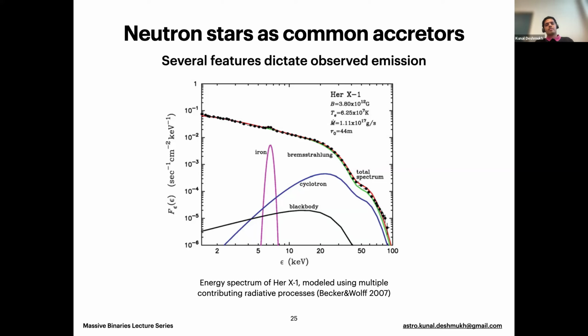We have the Bremsstrahlung radiation acting, I think the dominant one here. Then you have the black body component, and cyclotron. Cyclotron can be a very useful diagnostic, because you need a magnetic field for it. If it's not there, that is consistent with a black hole. I'm not saying that proves it is a black hole, but if you see it, then it's most likely a neutron star. This is to give an idea of how the spectra can look in the X-rays.